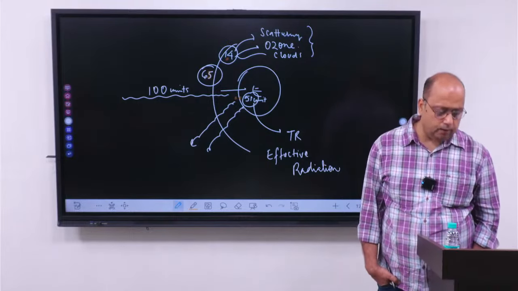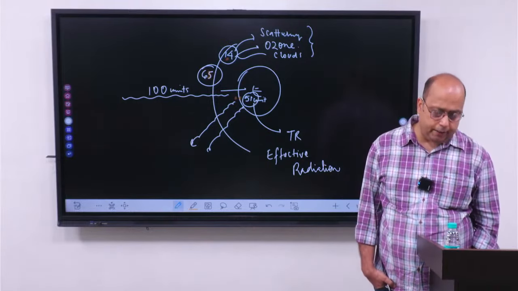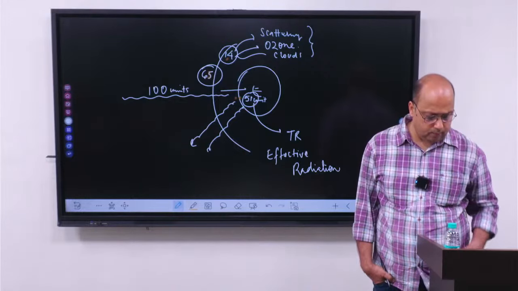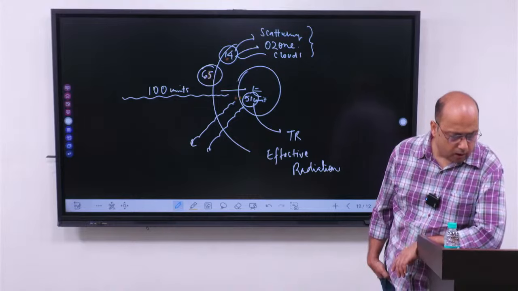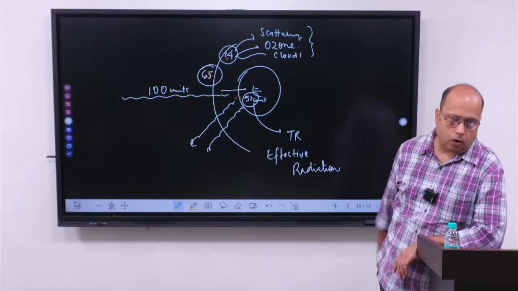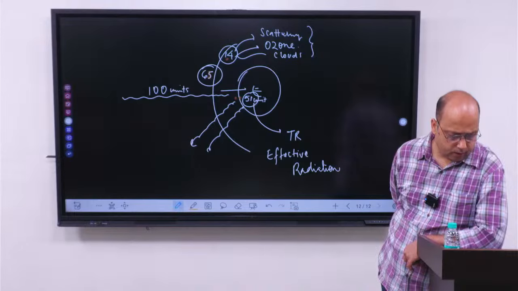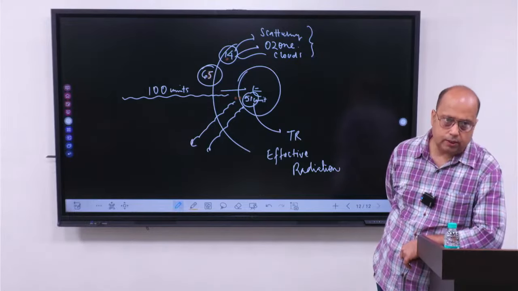Third point, right? Out of 100 units, the Earth system absorbs 65 units.